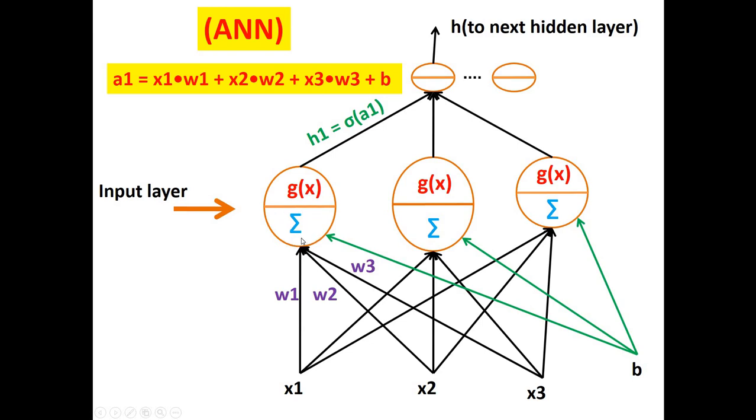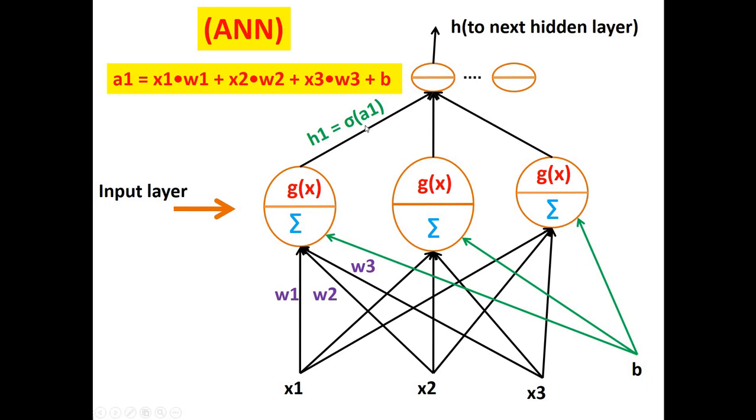That is what this block produces. After that, the summation goes through a sigmoid function. Here g of x is nothing but sigmoid of a1, the sigmoid of all the additions. Sigmoid, you know, is 1 divided by 1 plus e to the power minus x.